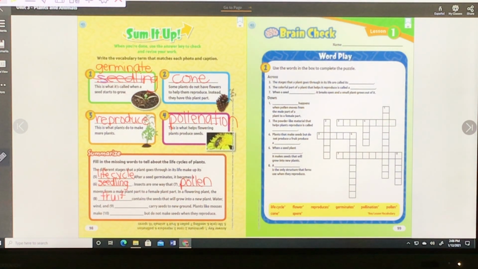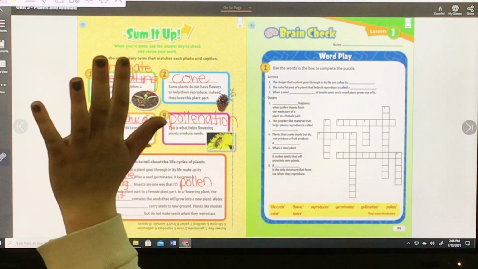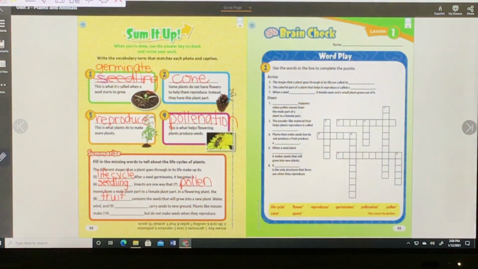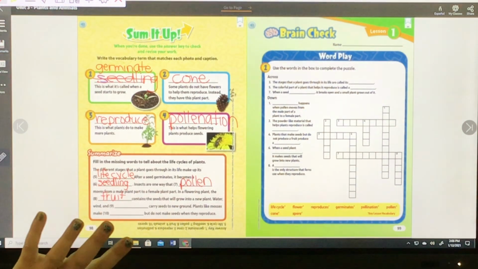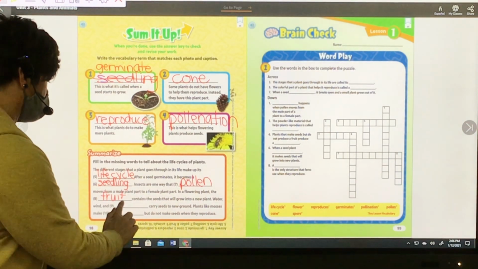All right, then water, wind, and what carry seeds to new ground? What did it say in the earlier part of the lesson? Water, wind, and Natalia? Animals.